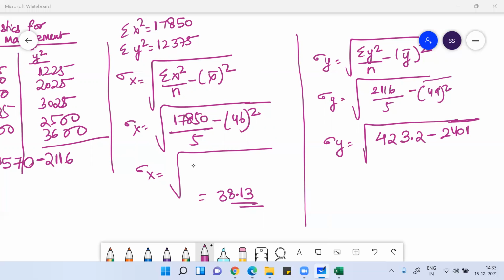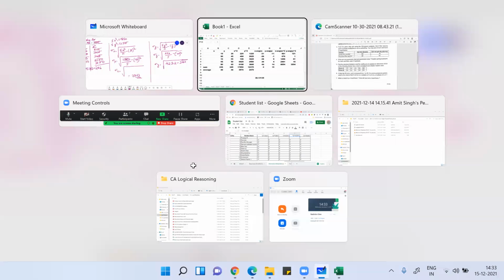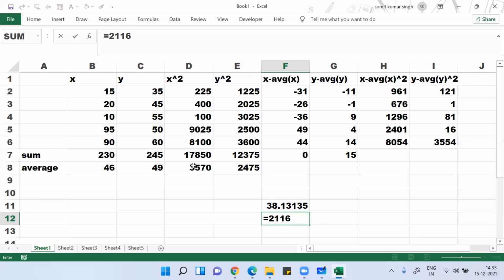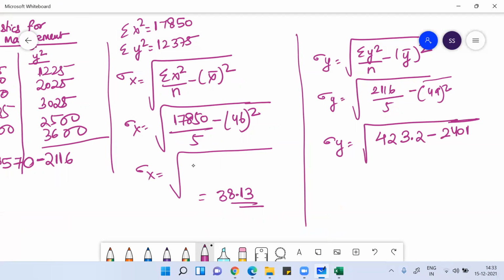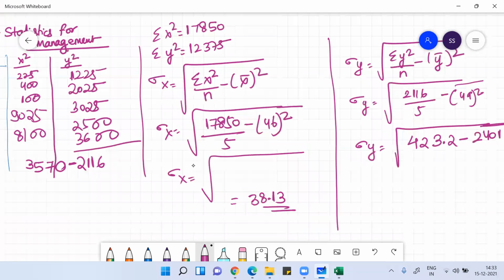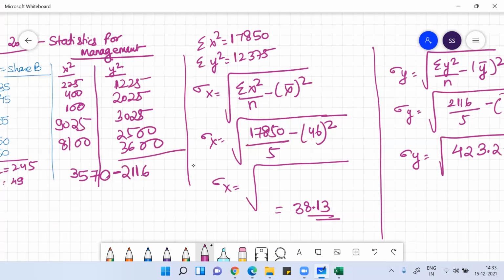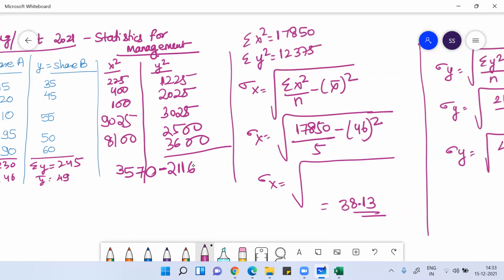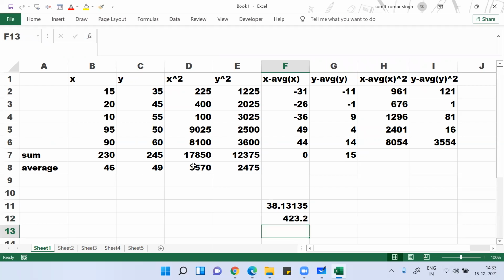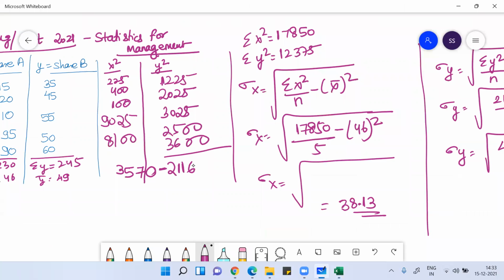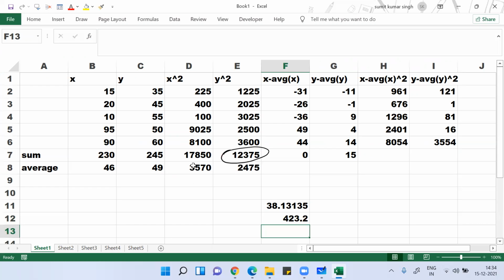Check this, guys. Some mistake is there, I think. Sum of y square is 1, 2, 3 something. Correct, why did I write this?